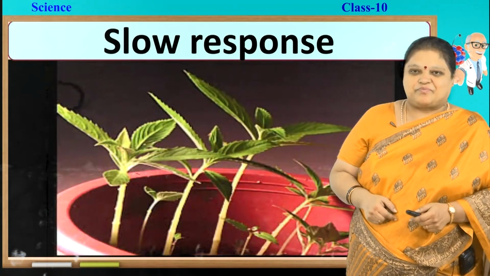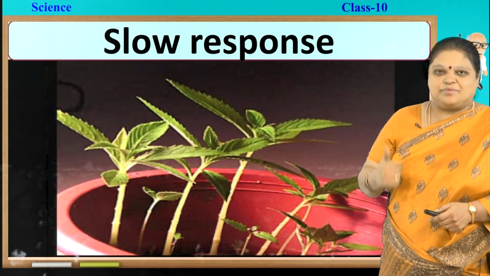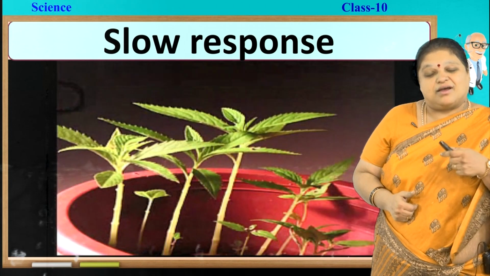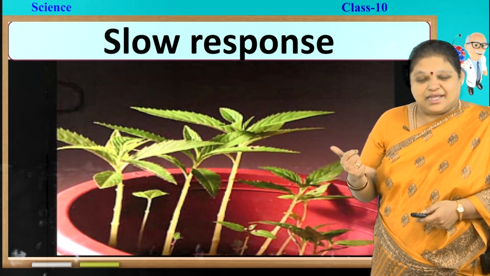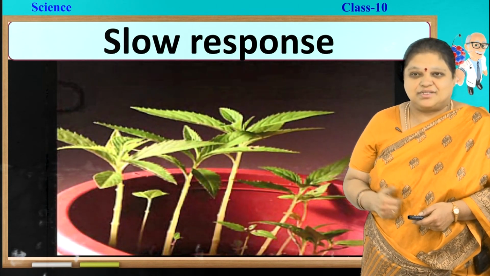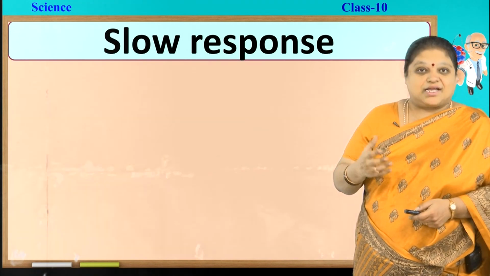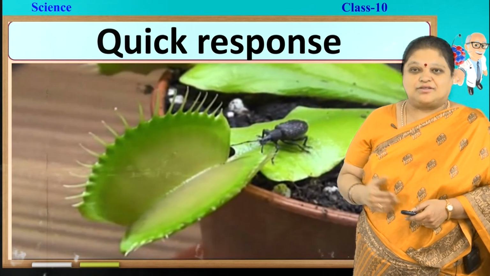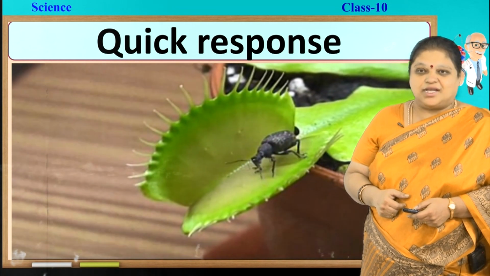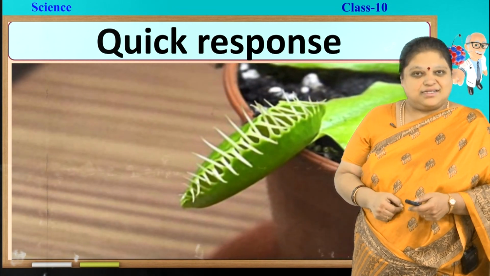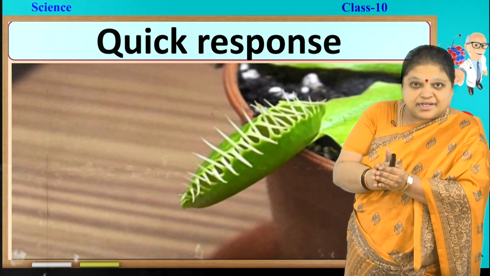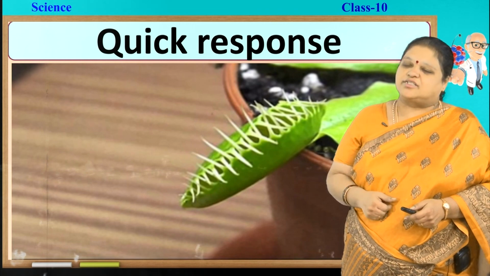See here, the movement in plants may be rapid or slow. Here the movement is very slow, whereas we can see quick response also. As soon as an insect enters an insectivorous plant, it immediately closes. So, it is a quick response.